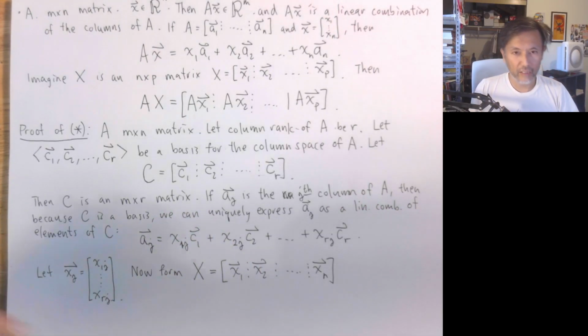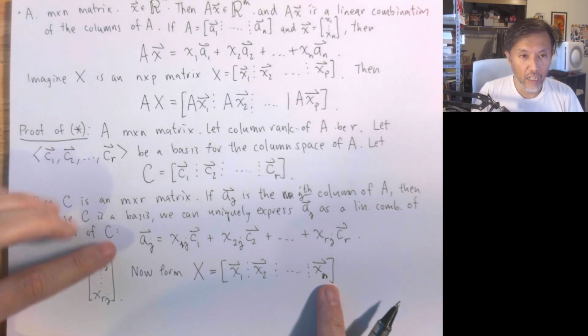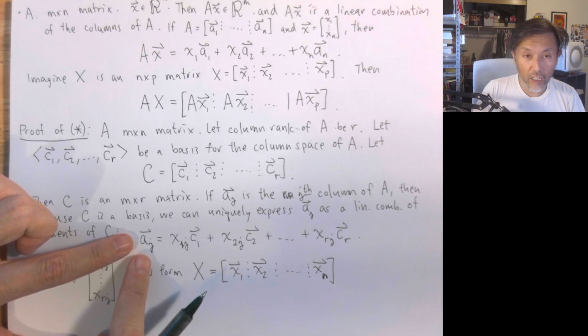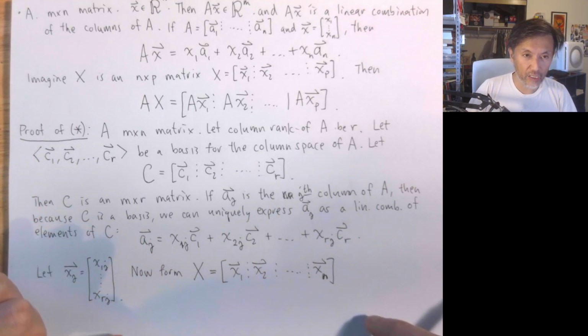There are n of these, because there are n columns of A. So I can write n equations of this form.